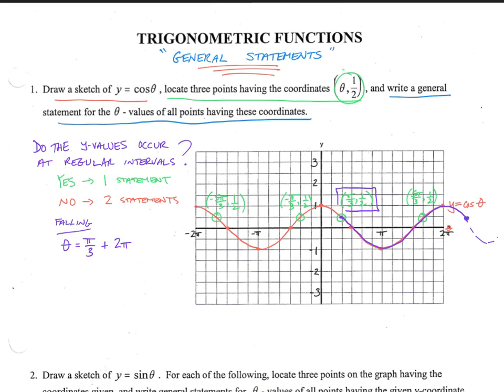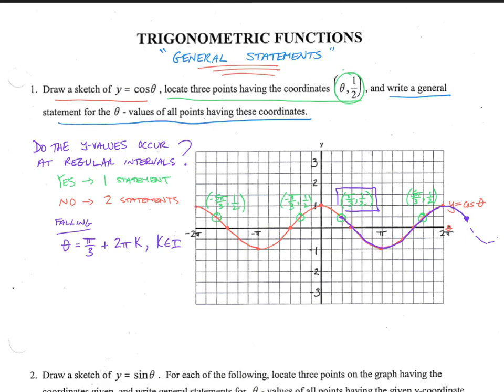But if I went 2 full rotations or 3, any number of full rotations forward, I'm still going to land at a value of a half. And so what I need is multiples of full rotations. And so what we do is multiply that by k, as long as we define that k has to be an integer. So it's got to be a whole number.